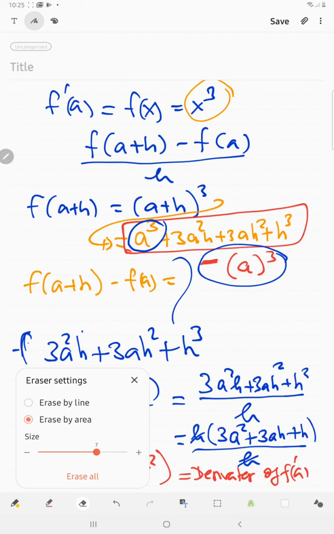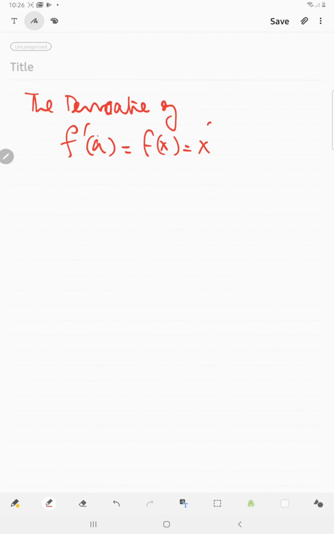We can now come up with the statement that the derivative of f(x), which is equal to x to the power 3, is equal to 3x squared from the previous one.